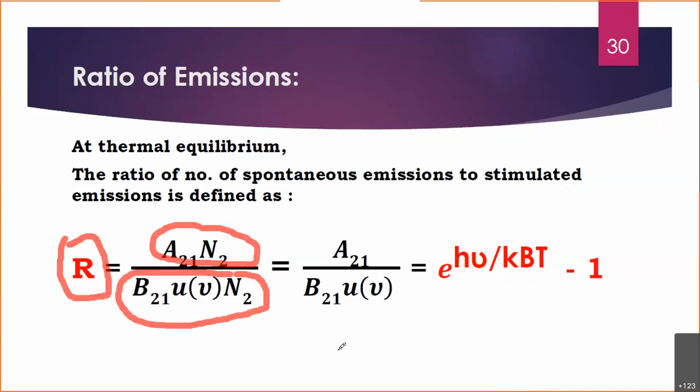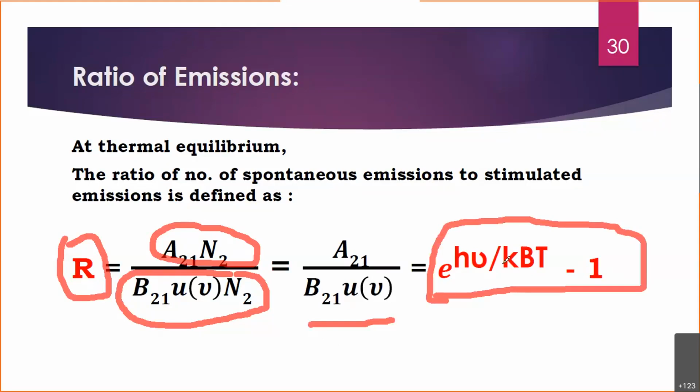If you simplify it, you will get a formula which is there in the second term. Then if you put in the value of A21 by B21 and the value of energy density, you will get the final outcome, which is e to the power h nu upon kB T. kB is a single quantity, don't consider it as two other quantities.